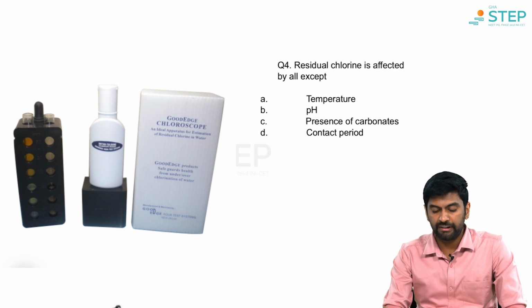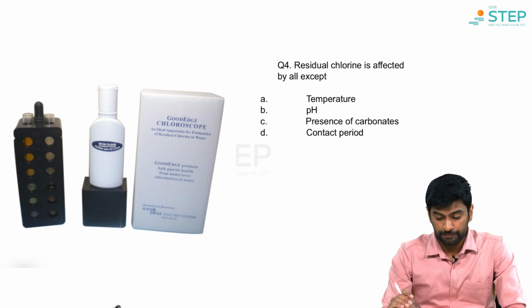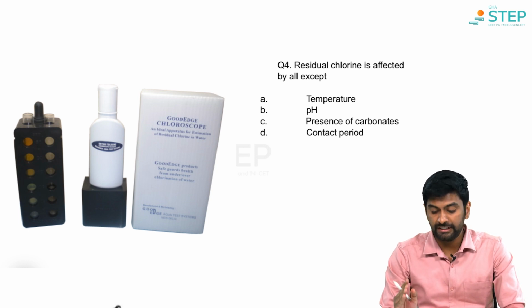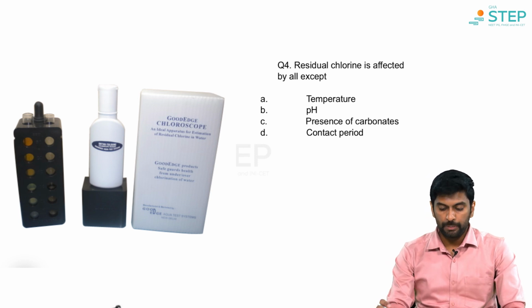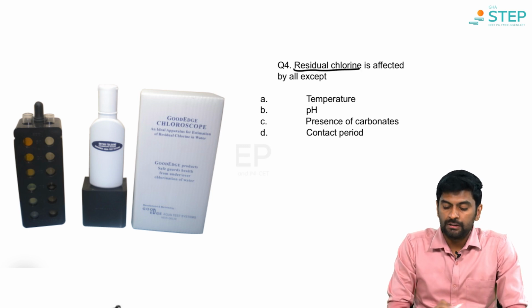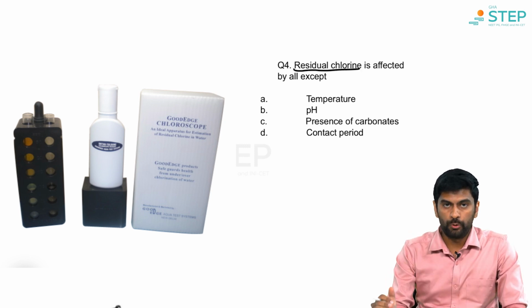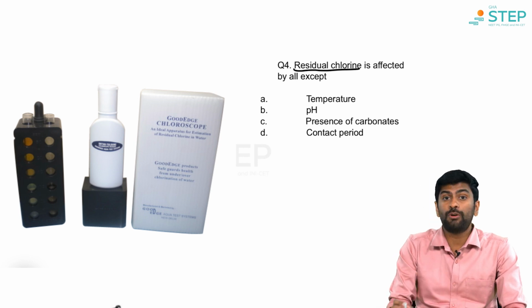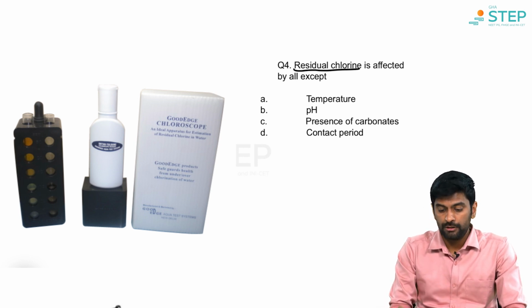Next, question 4. Residual chlorine is affected by all except: A, temperature; B, pH; C, presence of carbonates; D, the contact period. Now, all these variables are defined as what you see as the residual chlorine or the chlorine demand of water. So we have to specify at what temperature and what pH this chlorine is acting on the water.